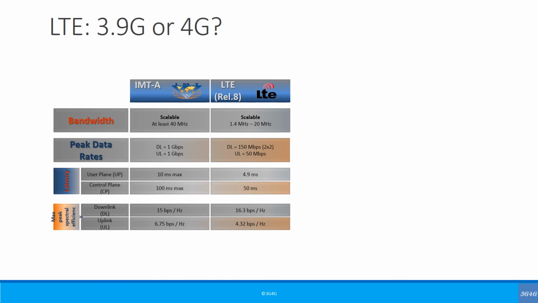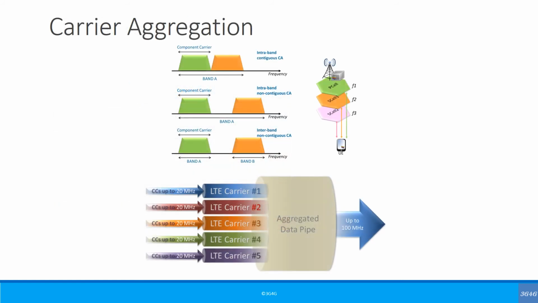So there was a lot of debate saying, hey, is this really a 4G technology, or would you call it a 3.9G technology? I prefer to use the term 3.9G for the initial LTE. So to make it an actual 4G technology, the standards came up with an improvement called carrier aggregation.